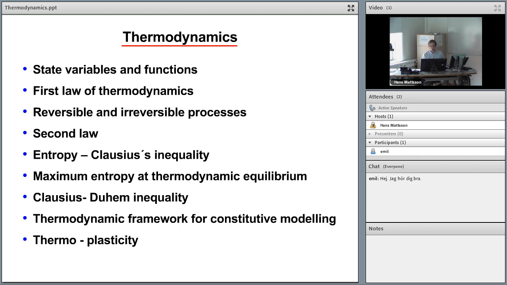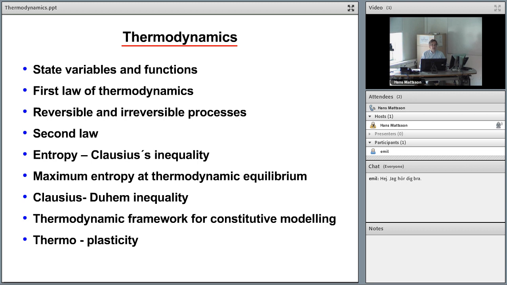What I have done in this lecture is that I will give you some kind of background in thermodynamics. I will start with quite simple things, but then I will do a big jump to deriving constitutive models based on the framework of thermodynamics. I think a whole course with 10 lectures could be given about this.